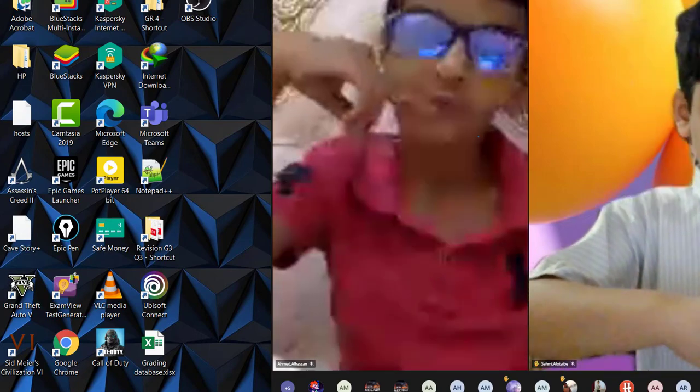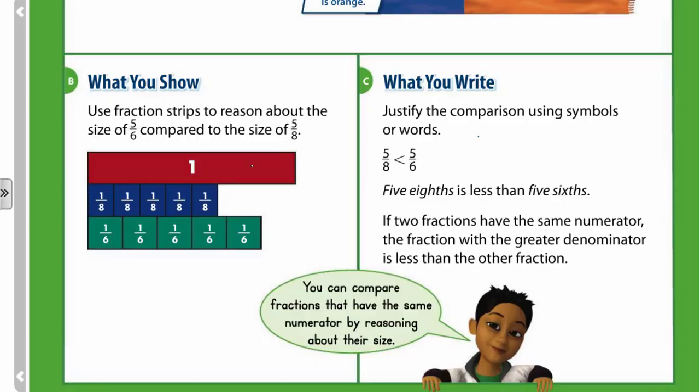Okay, let's go back to the book. Can anyone tell me a good reason why each 1/8 here is greater than each 1/6 here, or the opposite? Is the 1/8 greater or less than 1/6? I know. Okay, so 1/8 is less.